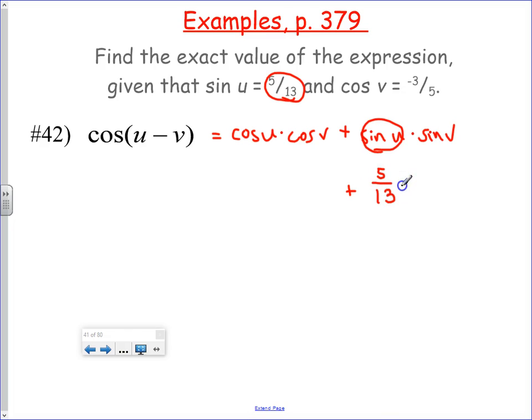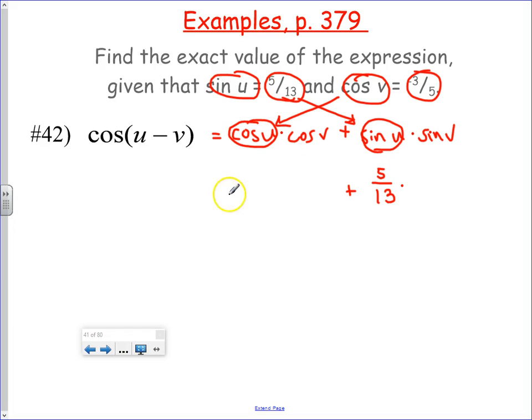Who else do I have? Cosine. So that one goes over here, and this one goes over there. Negative 3/5 takes the place of cosine. But wait a minute. They didn't give us enough information.